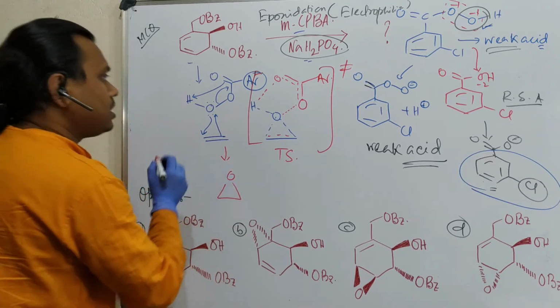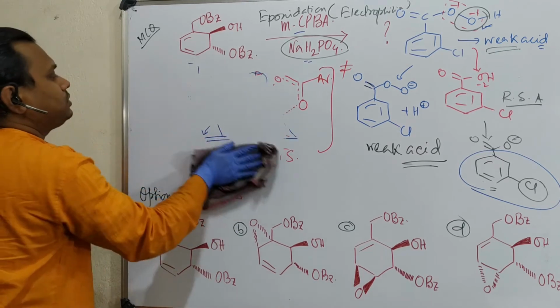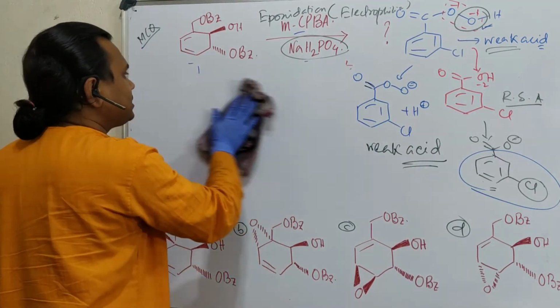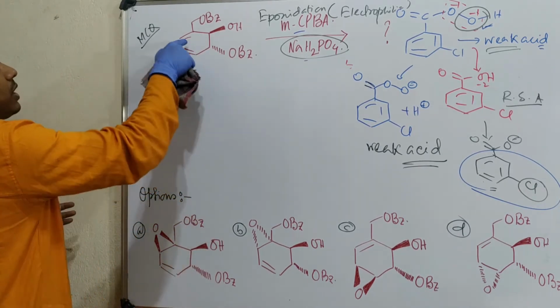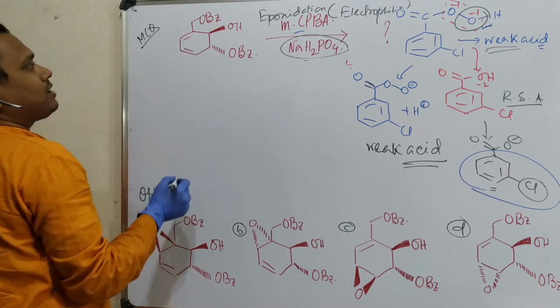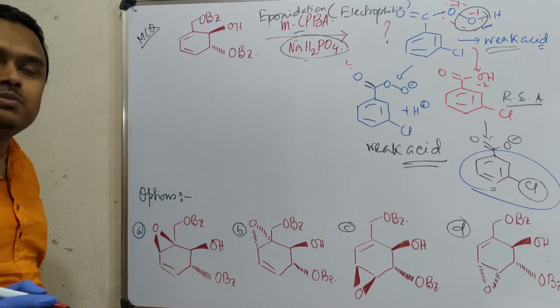Means this one. Now the question is, in our case, where will the epoxidation occur? From the drawing, you can understand that there are two types of double bond, either this one or this one. Let's consider this is double bond 1, attached closer to OBz, and this is double bond 2. Now question, which will be epoxidized?